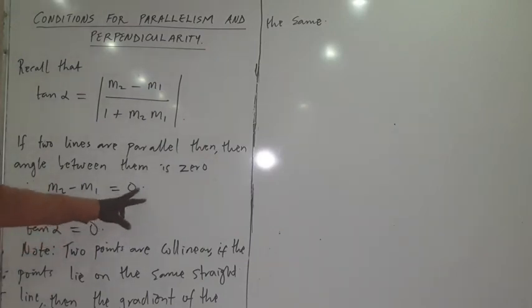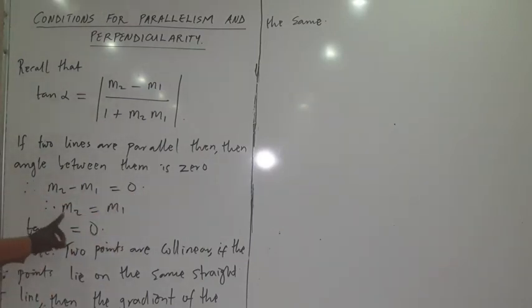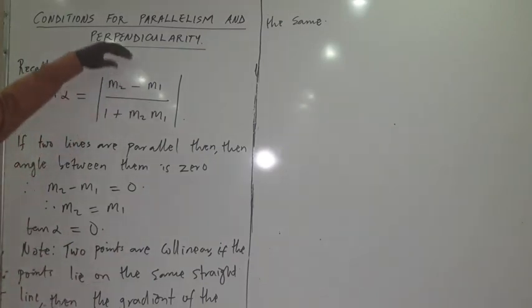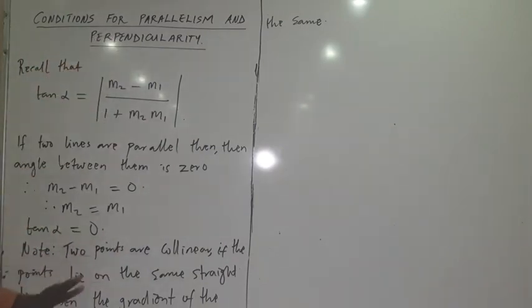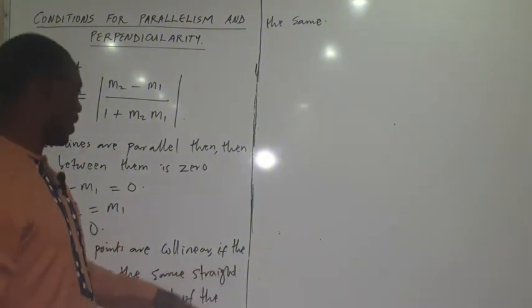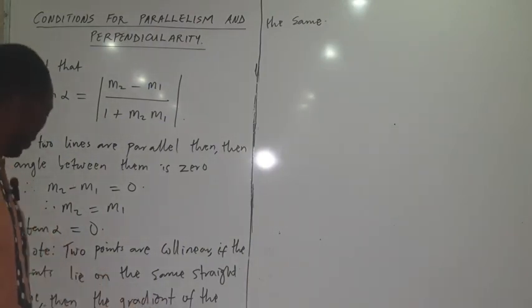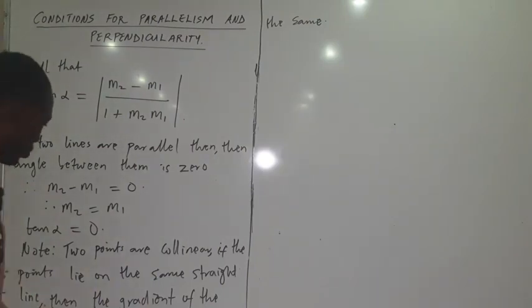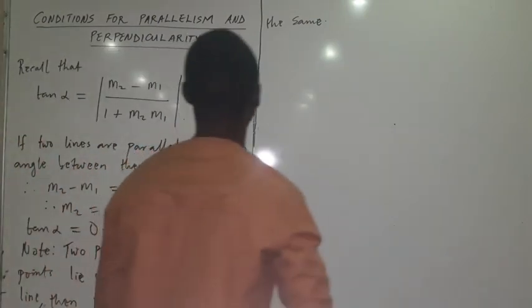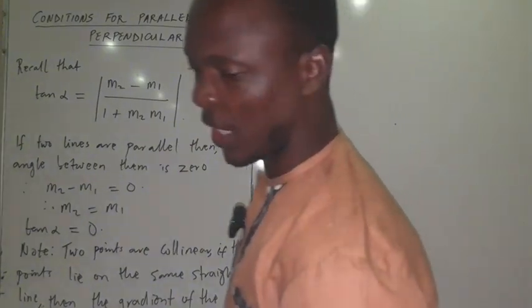So m2 equals m1 and tan alpha equals 0, because 0 all over any number is 0. So we note that two points are collinear if the points lie on the same straight line, then the gradients of the two collinear points are the same.